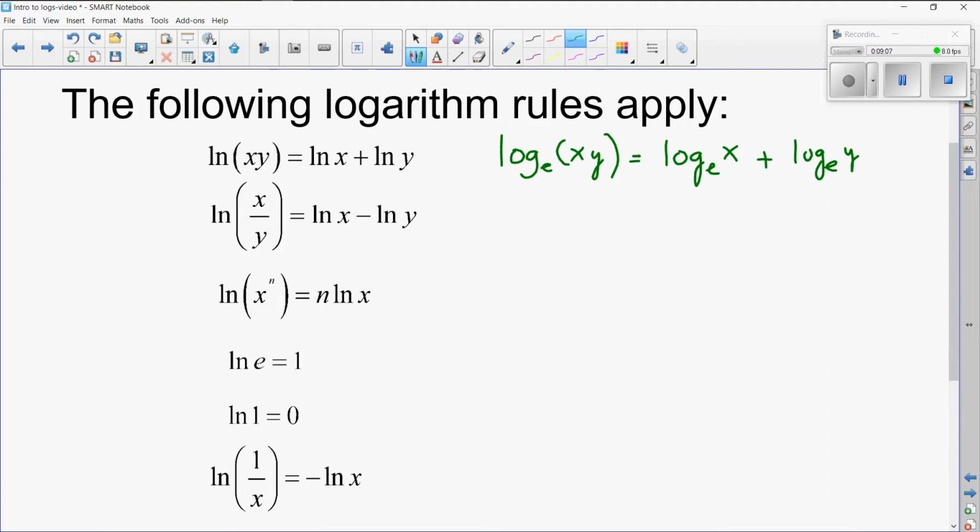So the product rule applies. The quotient rule works as well, so ln of x divided by y is going to be ln of x minus ln of y. The power rule will work too, so ln of x to the n is n ln x.